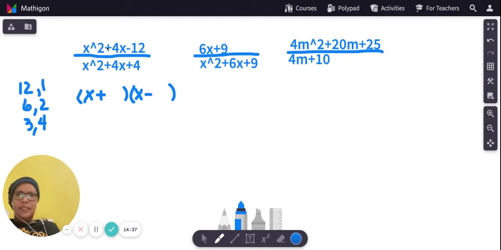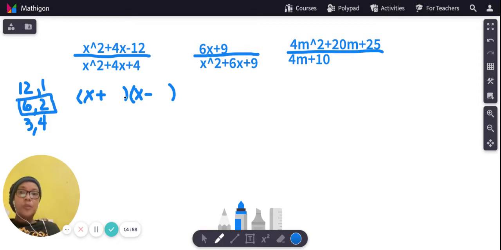So, that will not be your answer here. 6 and 2 will give you a difference of 4, negative 4 or positive 4. 3 and 4 will give negative 1 or positive 1. So, your answer is 6 and 2.